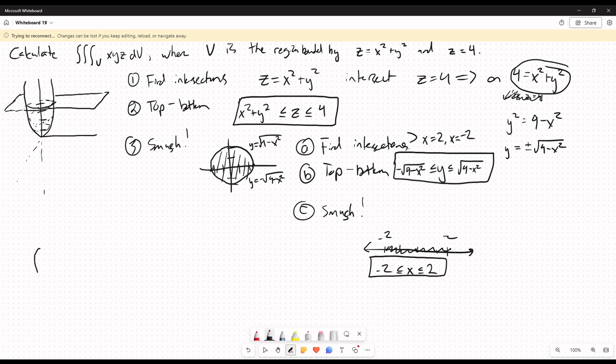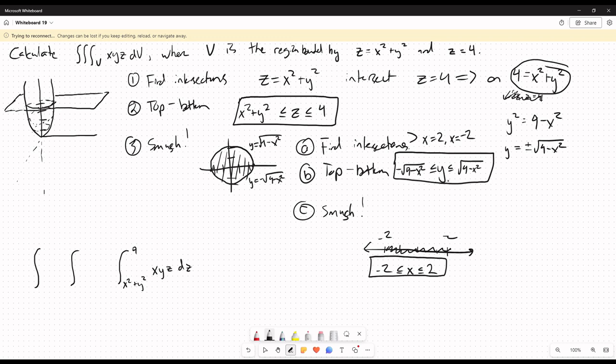So we're going to have three integrals, and our inner integral is going to be the one that has the most variables in it. It's going to be our z. So z is going between x squared plus y squared and 4. And our integrand was xyz. So since that was what z was going between, dz is going to be on our inside.